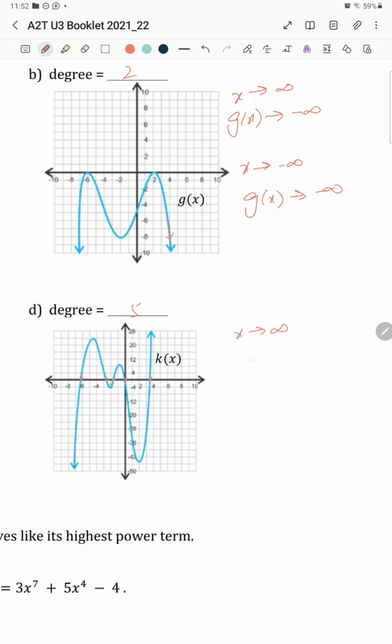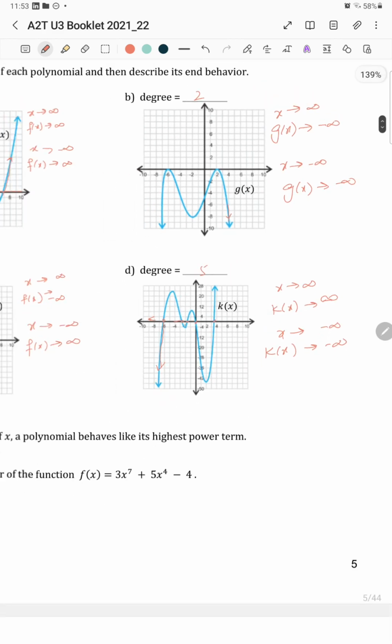X approaches positive infinity, k of x approaches positive infinity. X approaches negative infinity, here x is going towards negative infinity, so k of x is going towards negative infinity.